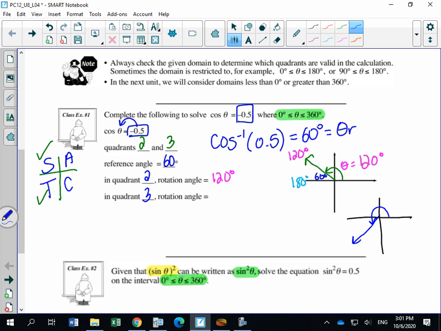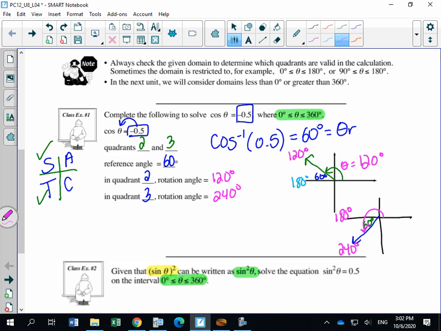But in order to figure that out, I first need to put in my reference angle. The reference angle was 60 degrees, so I put that in there. Then, how do I get the rotational angle? 180 degrees plus 60 degrees will give you a rotational angle of 240 degrees. So the second answer is 240 degrees.